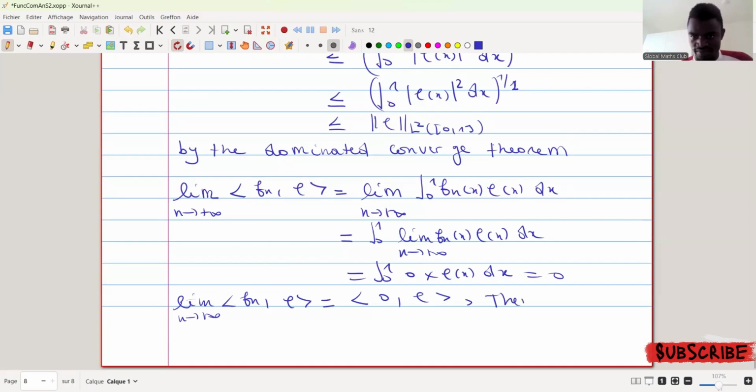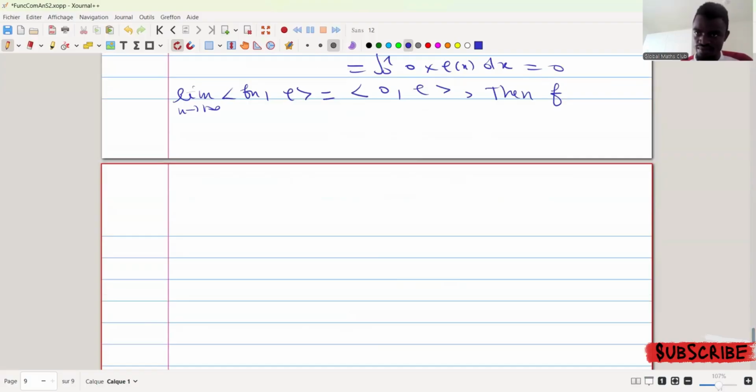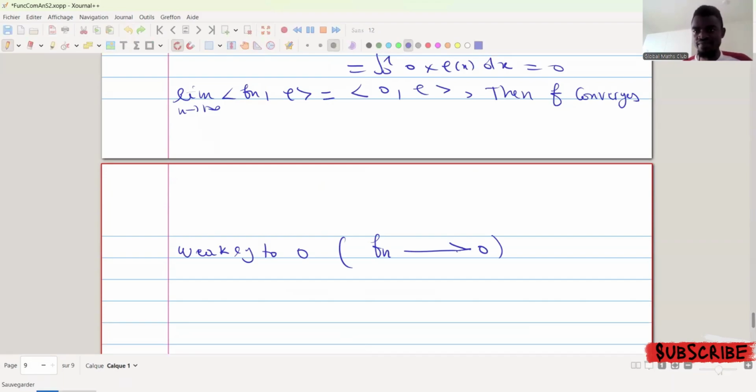So then Fn converges weakly to 0. So it is written like this. This is what we mean by weak convergence.